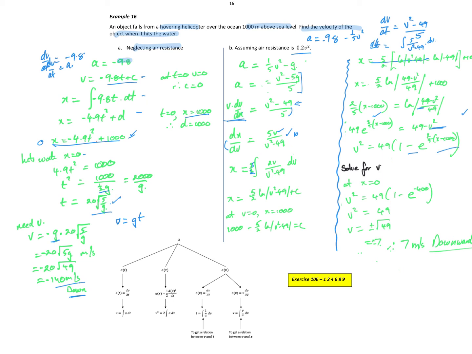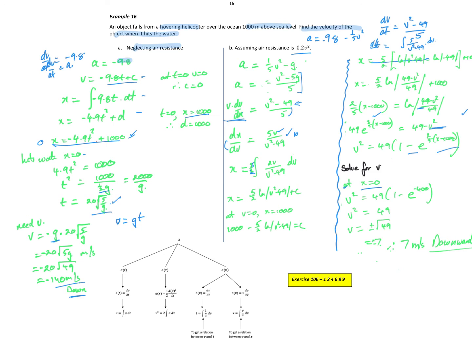I'm looking for the velocity of the object when it hits the water, so I want to solve for v. So I could do one of two things. I could put x equal to 1,000 here, because that's how far the particle's got to travel. Instead, I've transposed first, so I'm going to have minus 1,000 multiplied by 2 on 5 equals the natural log.